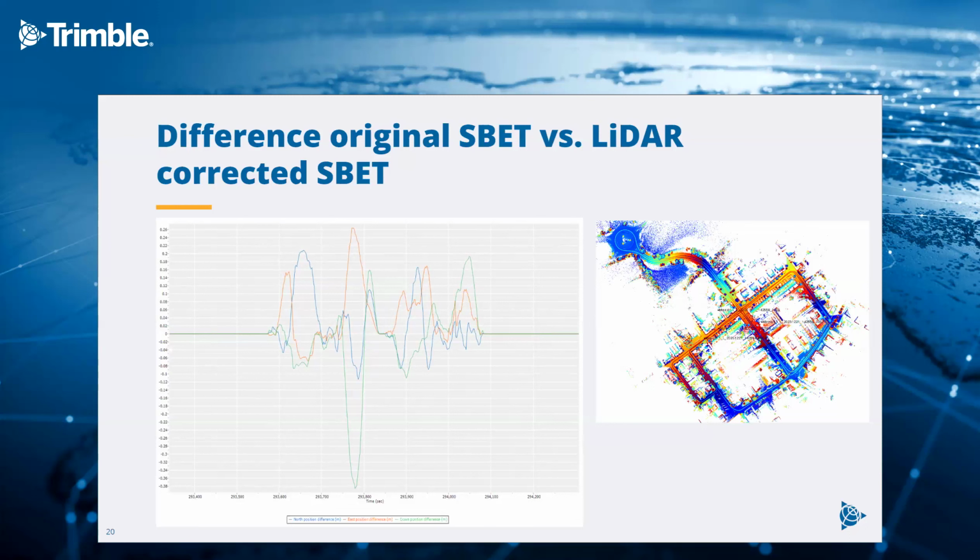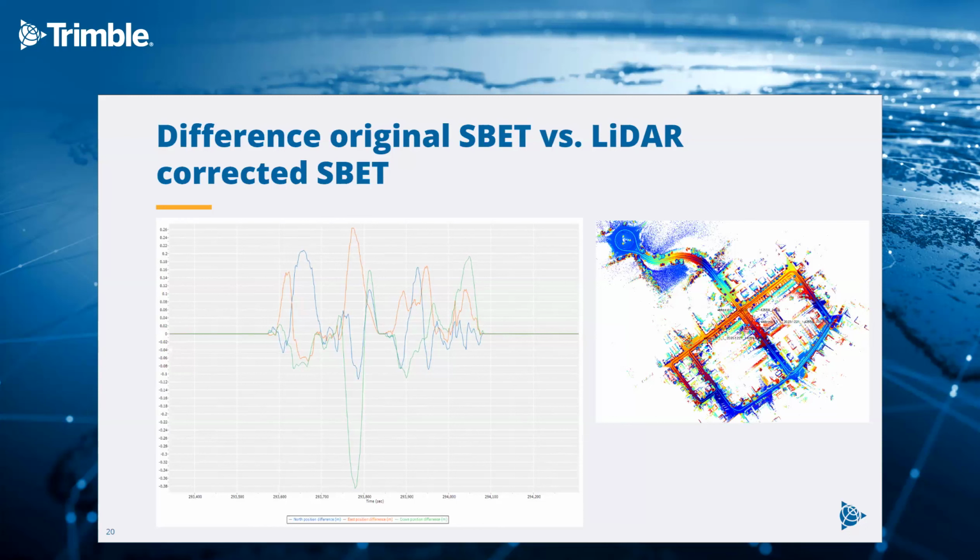The maximum peak for the down component was close to 40 centimeters here, and the maximum peak for the horizontal component about 25 to 30 centimeters. So this is how much LiDAR QC corrected the trajectory, because the system was really exposed to drift effects and difficult GNSS tracking.